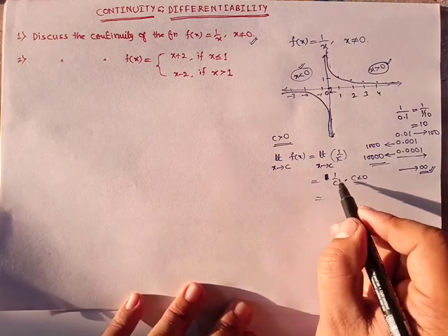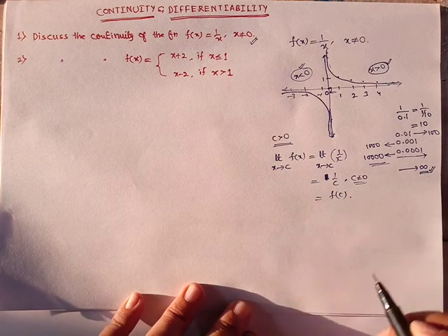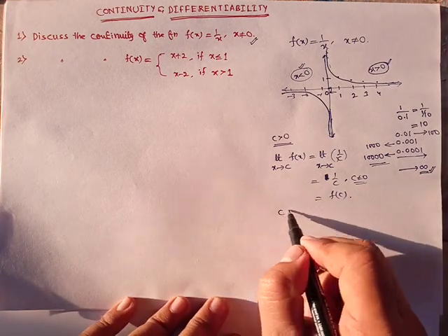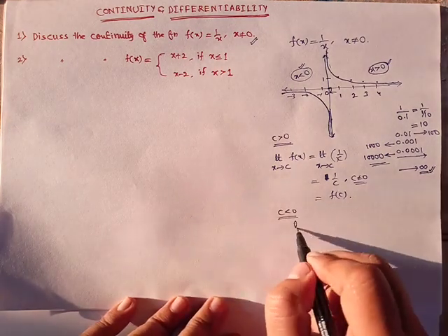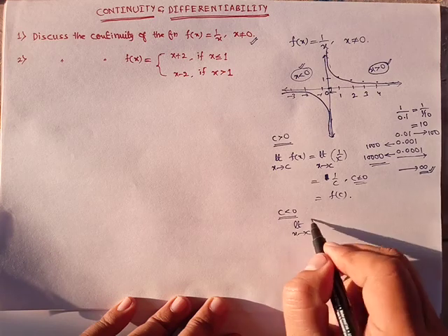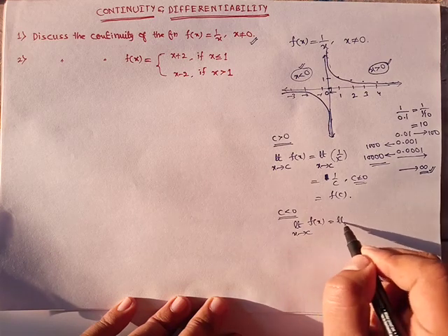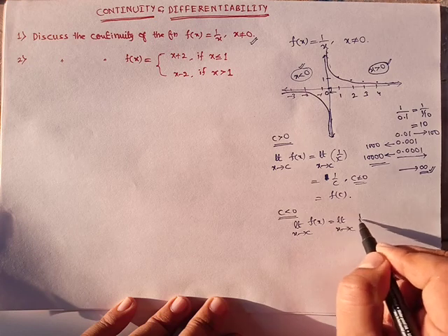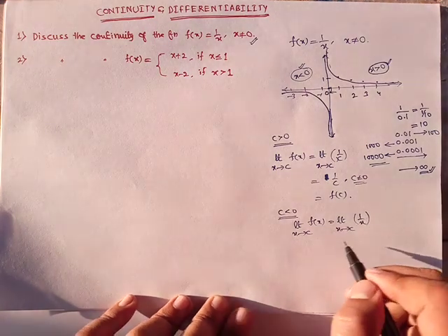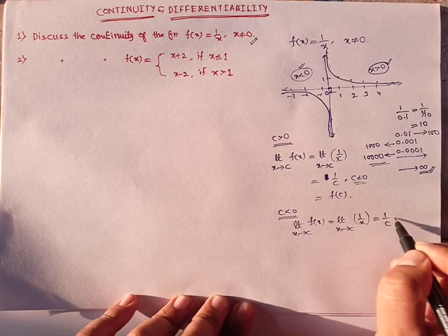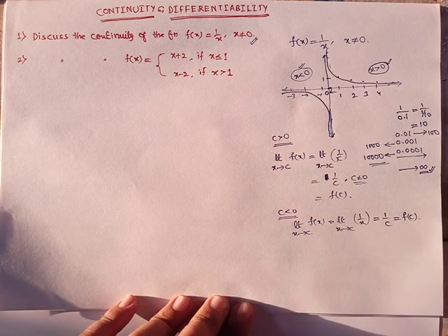And 1 by c is f of c. Then taking the second case, c less than 0, limit x tends to c of 1 by x is also 1 by c only, which is f of c.